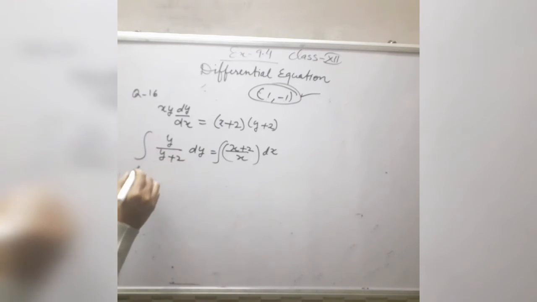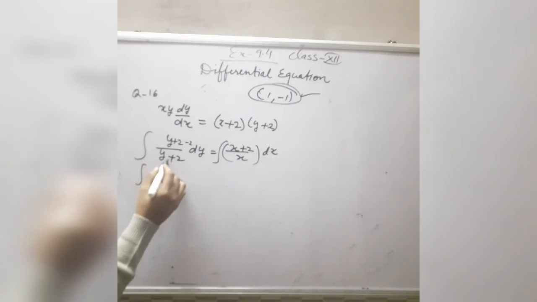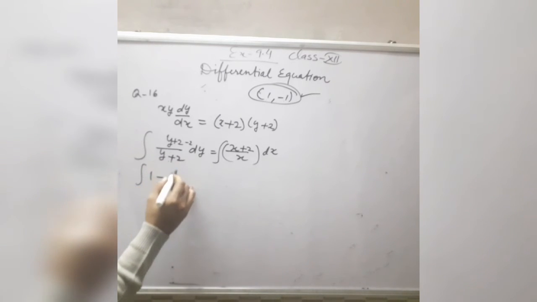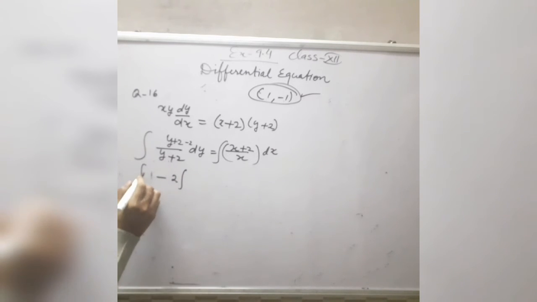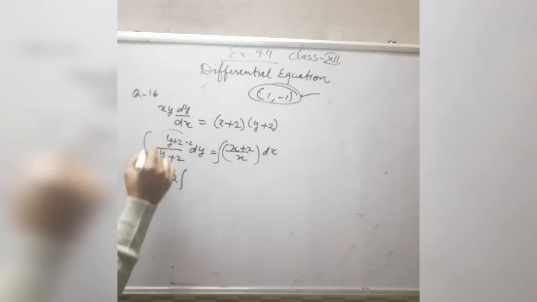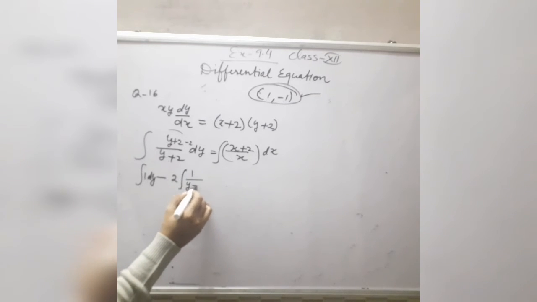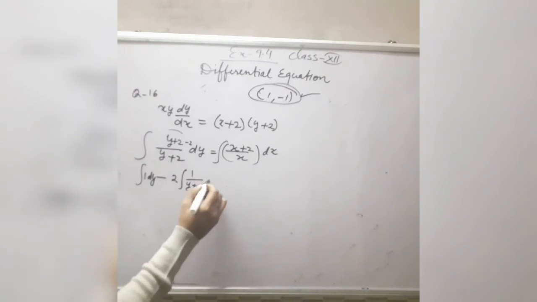After integrating this, y can be written as y plus 2 minus 2. So y plus 2 by y plus 2 becomes 1 minus 2 by y plus 2. This complete term can be written as integration of 1 dy minus 2 integration of 1 by y plus 2 dy, where we take this minus 2 common outside the integration.